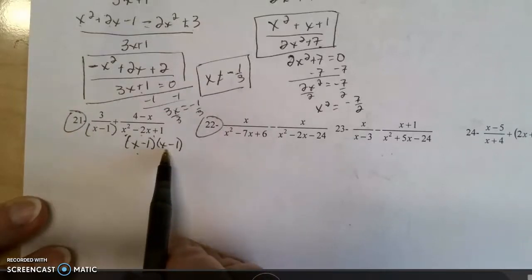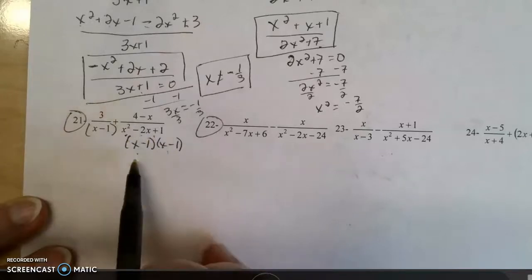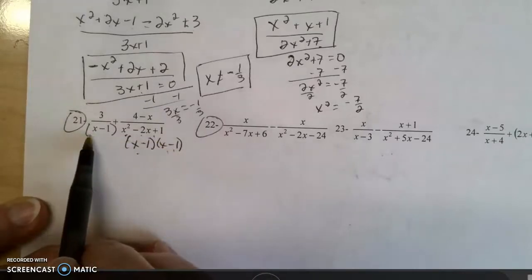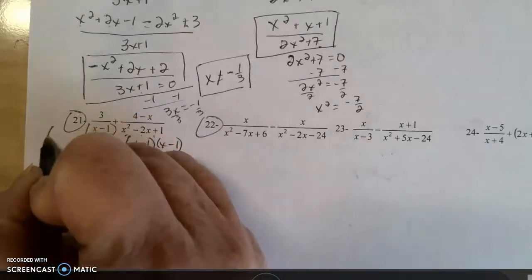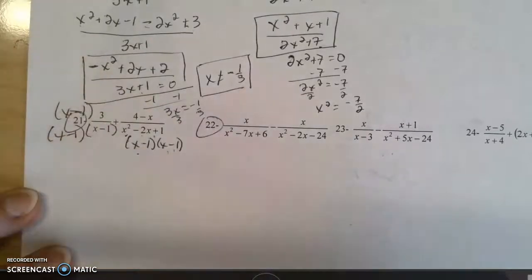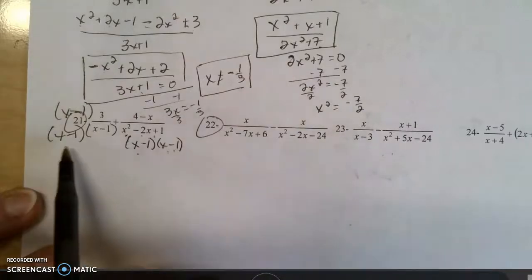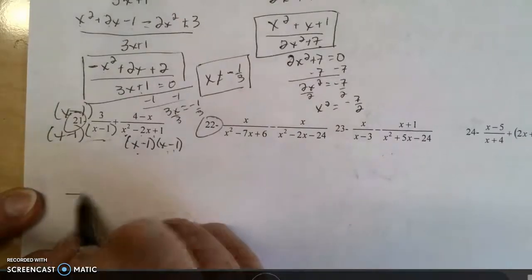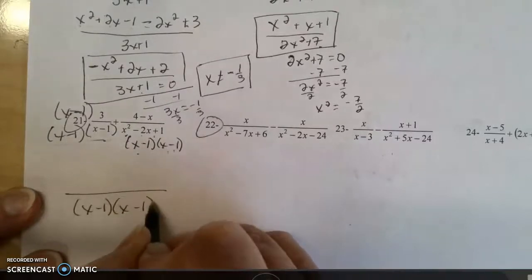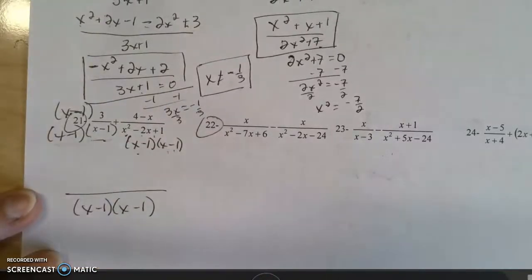So in order to get a common denominator, the fractions need to have two of the x minus 1s. So I'm going to take this fraction and I'm going to times the denominator and the numerator by the factor that I'm missing. So now I have a common denominator of x minus 1 times x minus 1.